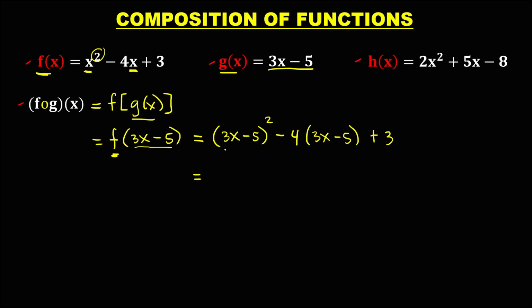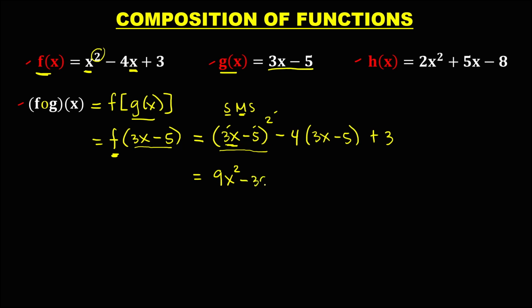Then to simplify, for the square of a binomial, we can use this SMS. For S, the square of the first term, the square of 3x, this is 9x squared. Then for M, multiply 2 times negative 5, that's negative 10. And negative 10 times 3, that's negative 30.